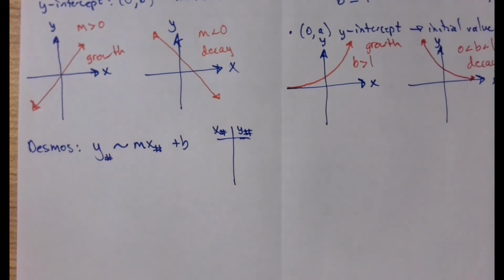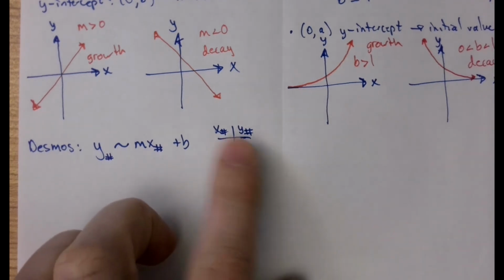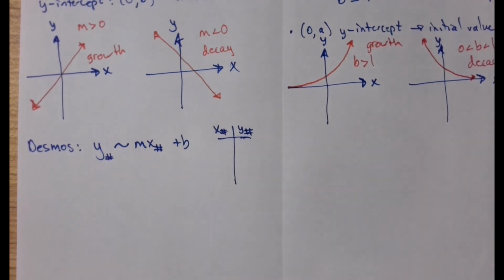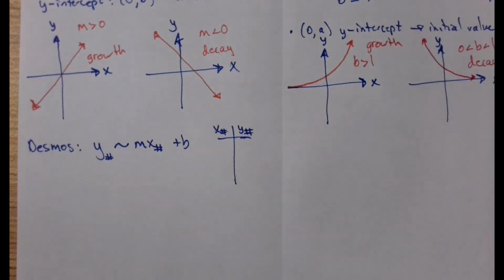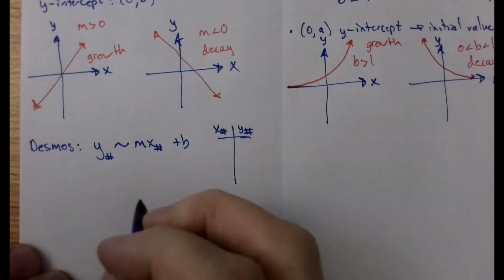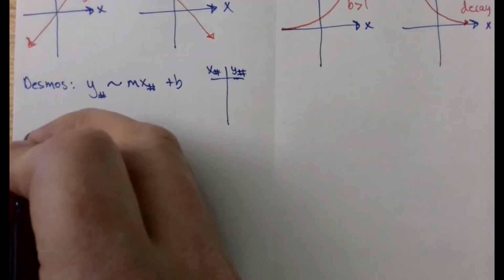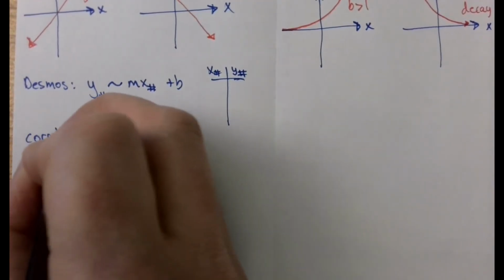But if you have multiple tables, then you'll have a 1 and a 2 and a 3, and you can also change these. So you could label your table as h and k if you wanted to, and then you do h tilde mk plus b. And Desmos spits out the numbers for the parameters, and it also gives you the correlation coefficient, r.